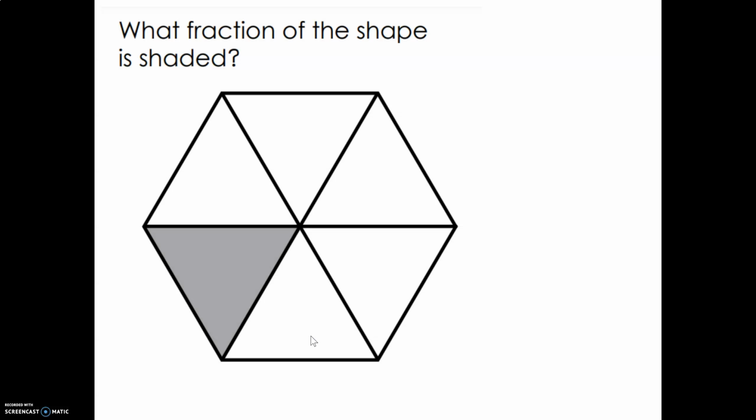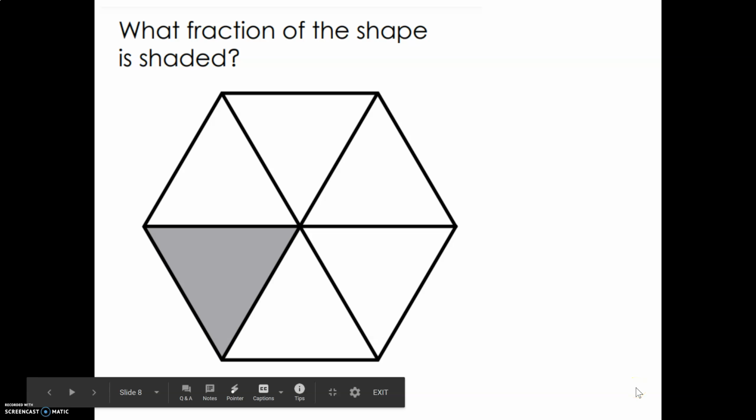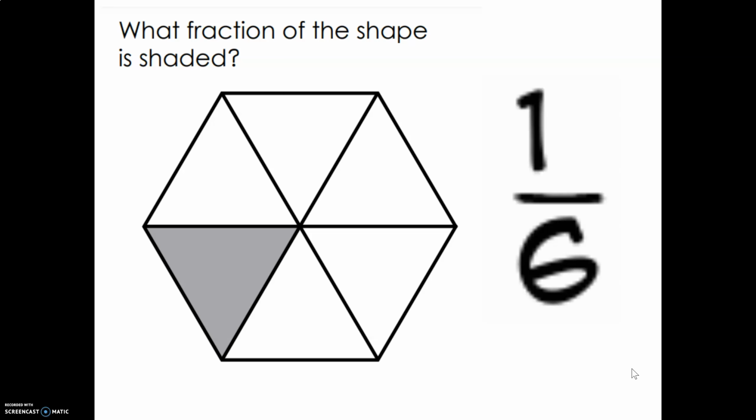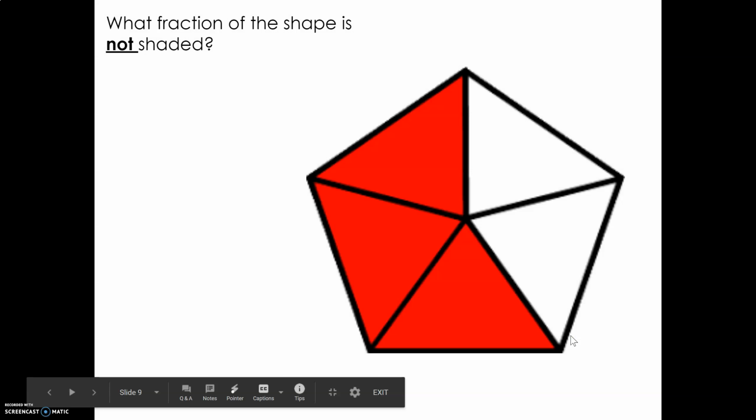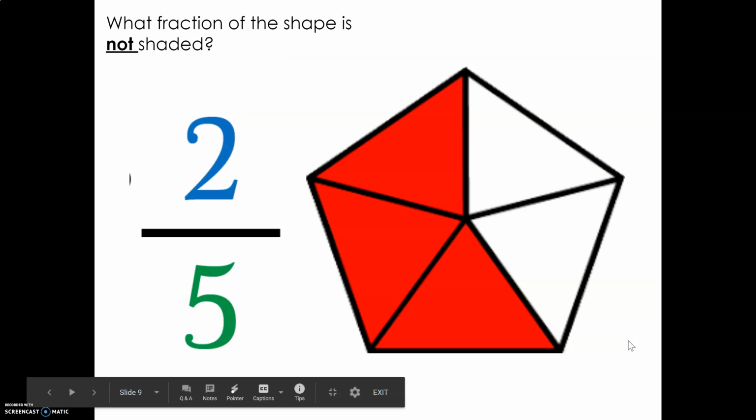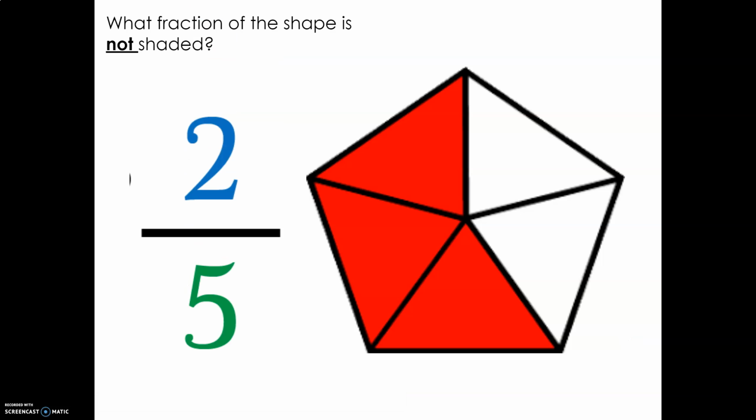What fraction of the shape is shaded? Did you say 1/6? Because 1 out of 6 equal pieces are shaded in. What fraction of the shape is not shaded? Did you say 2/5? I was trying to trick you on this one.